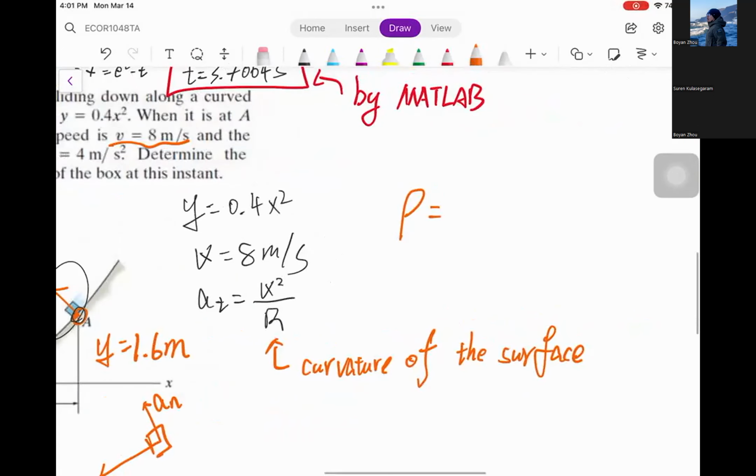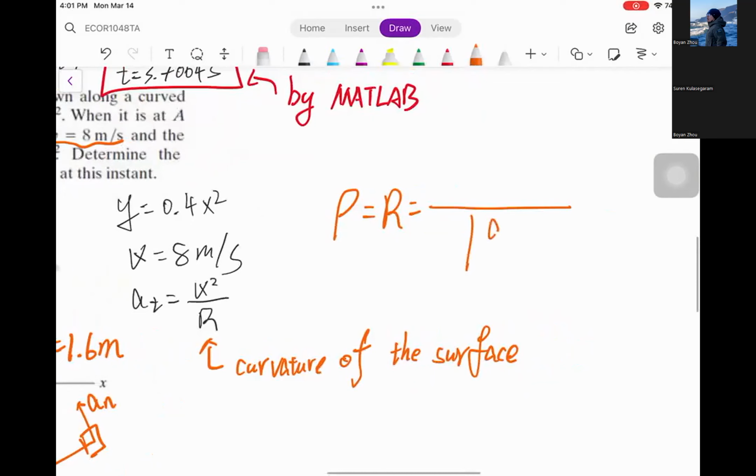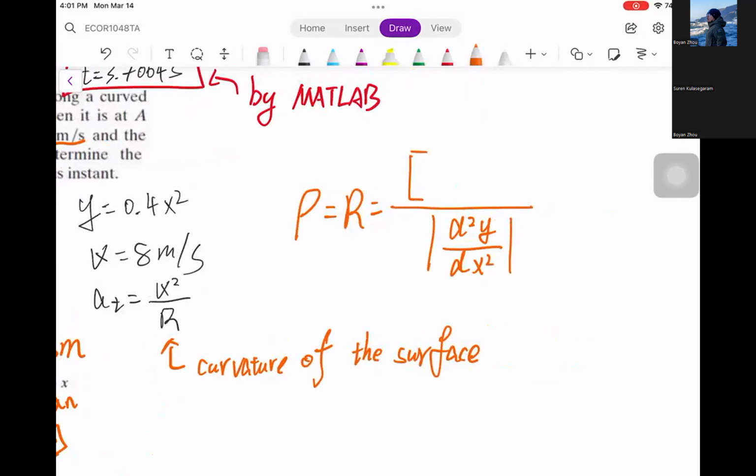The curvature, sometimes written as rho or sometimes r, is equal to the second derivative of y with respect to x, and on the above is 1 plus the first derivative to the power of 2, and then everything to the power of 3 over 2.